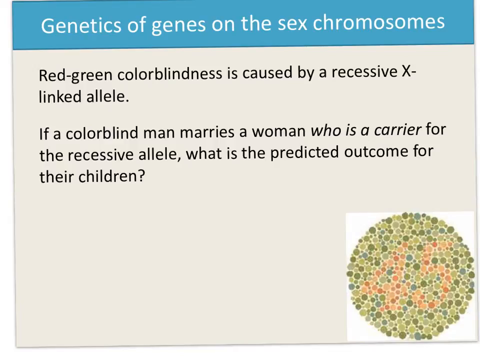She has a bad X, but she has a rescue, so her daughters are fine. And this kind of Haldane's rule sort of thing, you really start to see it in royal families.